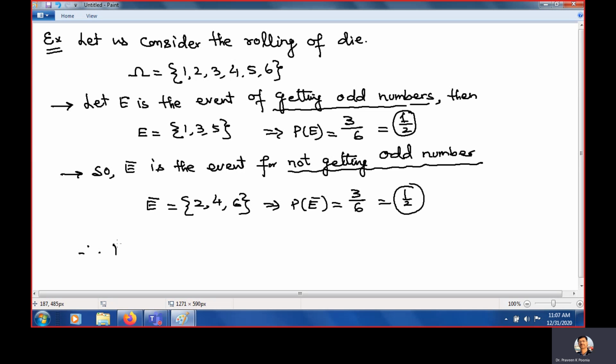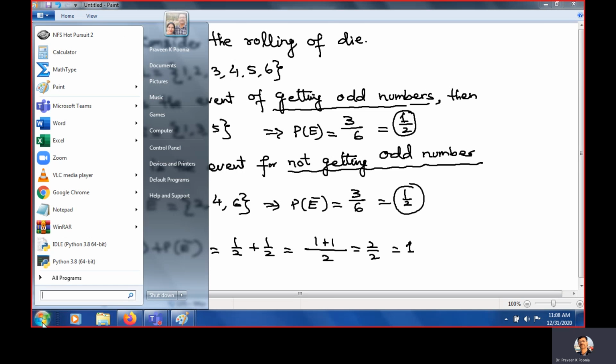So you can prove this. 1 upon 2 plus 1 upon 2, with LCM 2, 1 plus 1 is 2, 2 upon 2, and that is 1. So probability of E and the probability of the complement add up to 1.